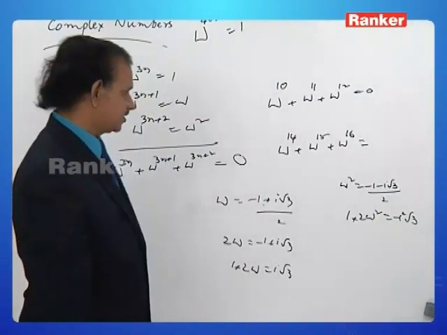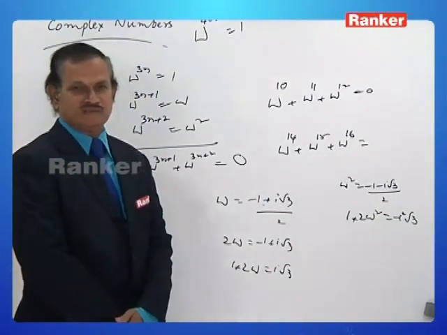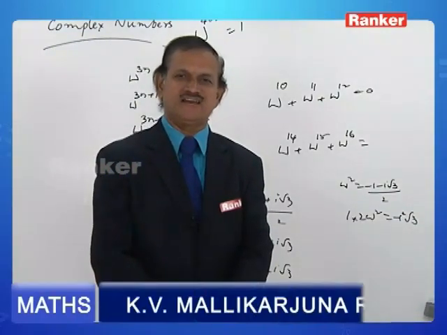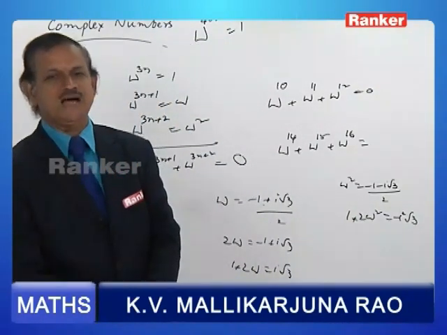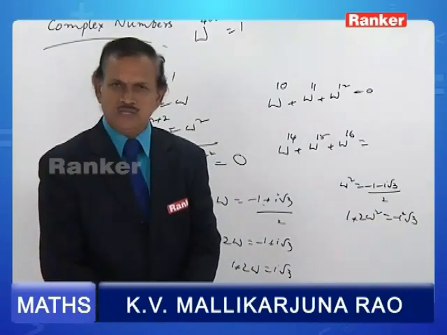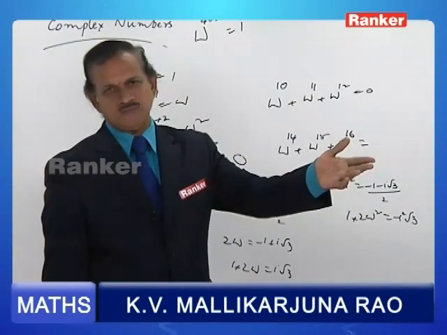Right. So, in this discussion, what could we have noticed? Omega power 3n is 1. Omega power 3n plus 1 is omega. Omega power 3n plus 2 is omega square. That is, if omega power m is given, if m is a multiple of 3, omega power m is 1. If m leaves a remainder 1 when divided by 3, omega power m is omega.